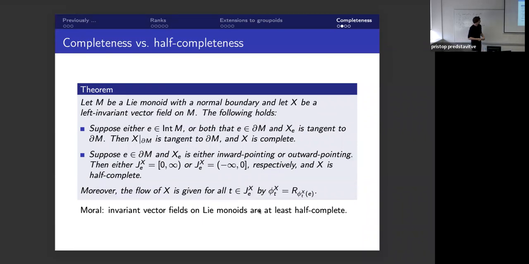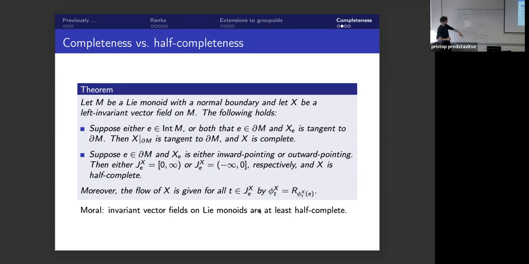And now, in order to really show this, the gist of the argument is that if this is the integral path of X starting at E, then the composition L_G with this path is going to be an integral path of X starting at G. Basically, this observation is central to this theorem, and it's the same observation that's made for Lie groups when proving that they're complete.